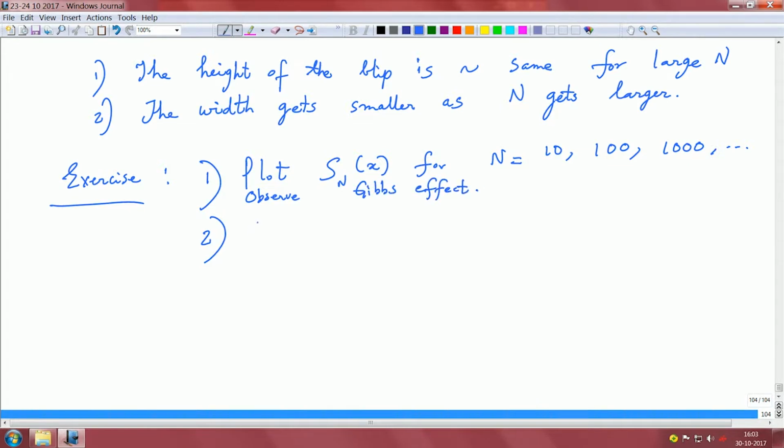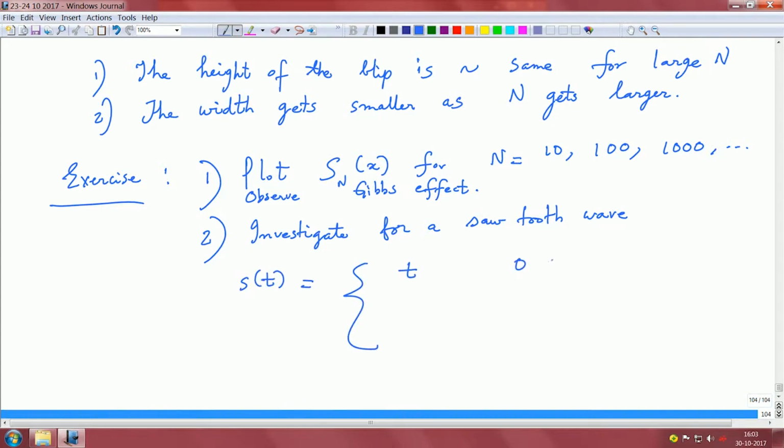Then I would also want you to investigate for a sawtooth wave which is given by S of t equals t for 0 less than or equal to t less than or equal to pi upon 2, and pi minus t for pi upon 2 less than or equal to t less than or equal to pi, right.